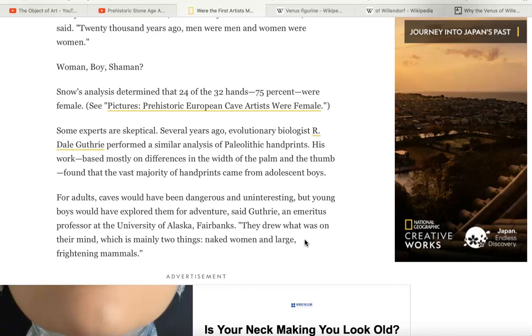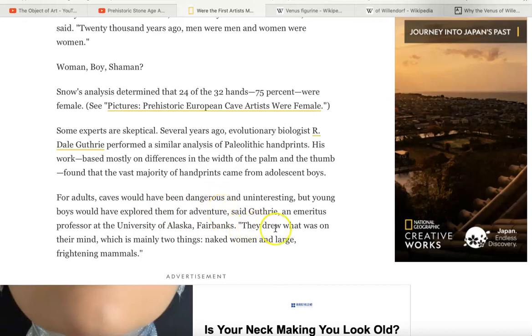Okay. And when they make these, they have their data, however they get their data, interpreting handprints. And then this Guthrie person says, oh, well, of course they're boys because adolescent boys have always been adolescent boys, even in prehistory. And they would have explored caves for adventure.